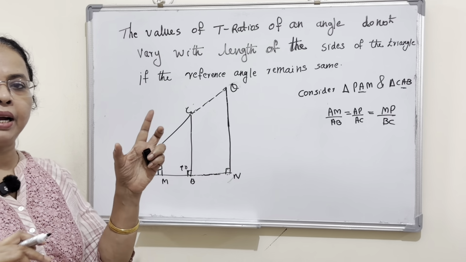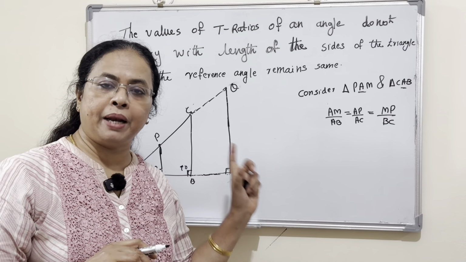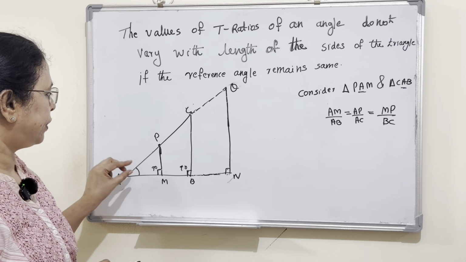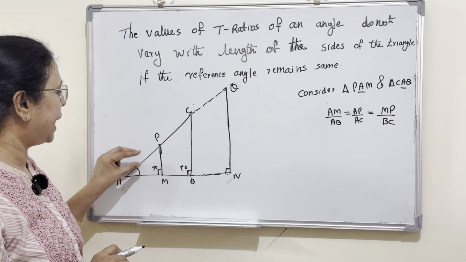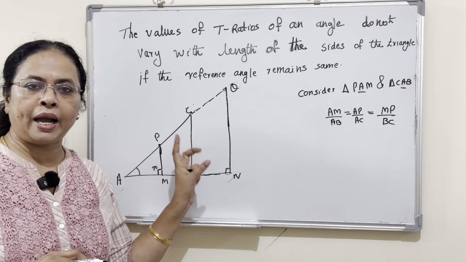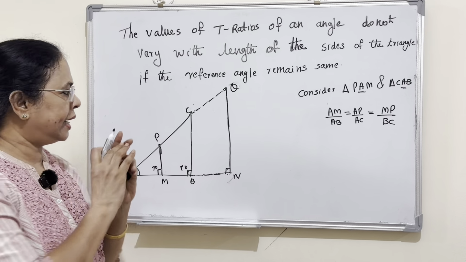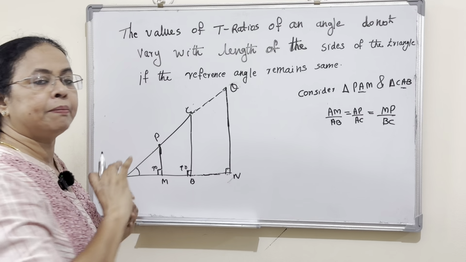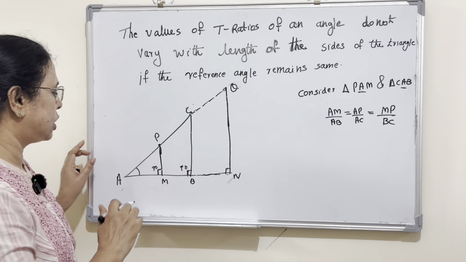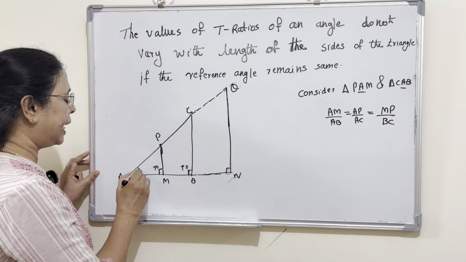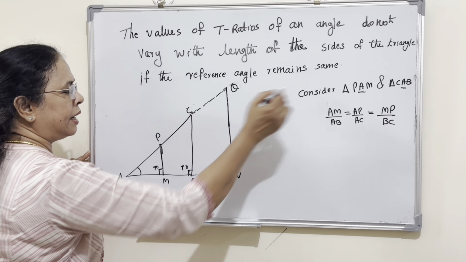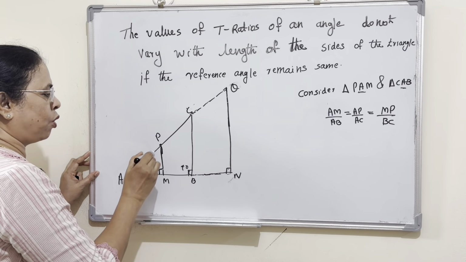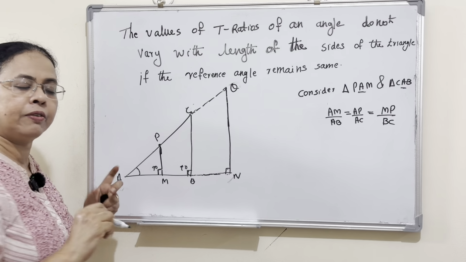We are studying similarity of triangles. If two angles in a triangle are equal to two angles in another triangle, then these two triangles are similar. Here angle A is common for both triangles as well as 90 degree, so automatically the third angle will also be equal.